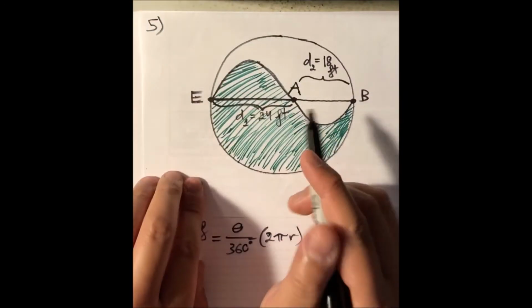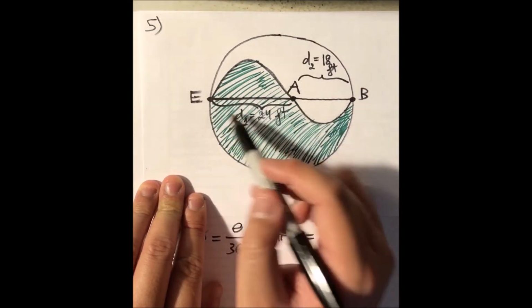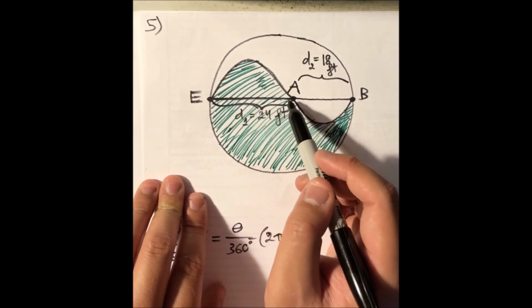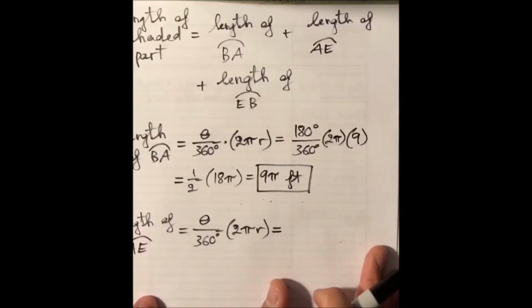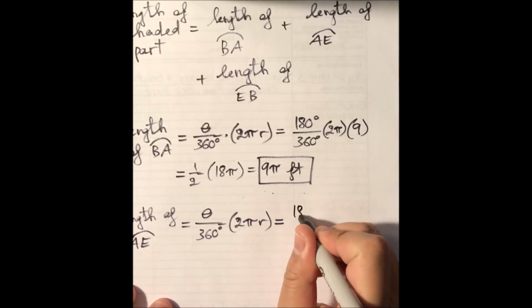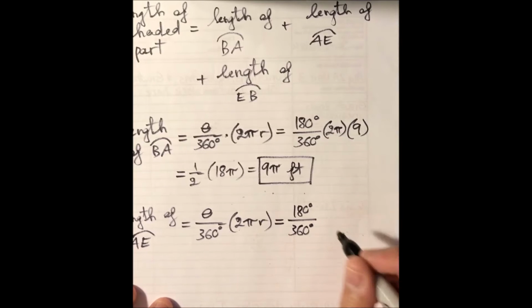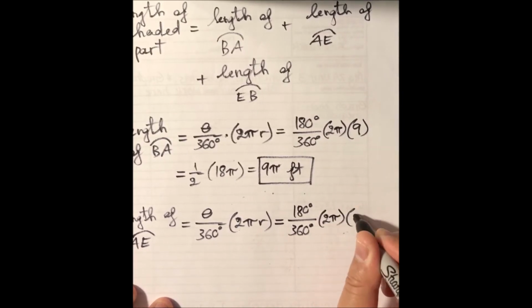And of course, the arc from A to E, along with the diameter, forms a semicircle. So we know right away the central angle for the minor arc from A to E is going to be 180 as well. So just plug it in. Replace the central angle theta with 180 degrees over 360, multiplied by 2 pi times the radius, which is 12.